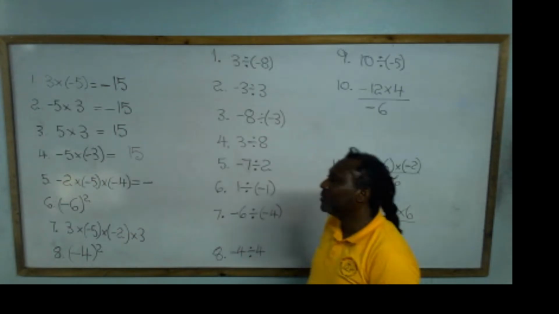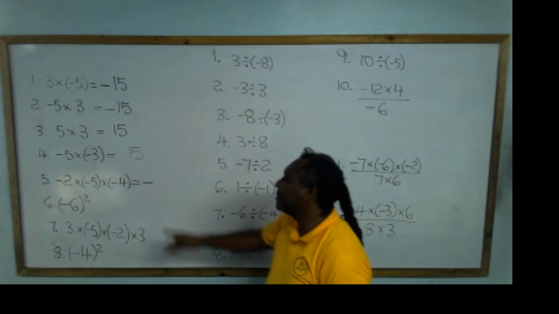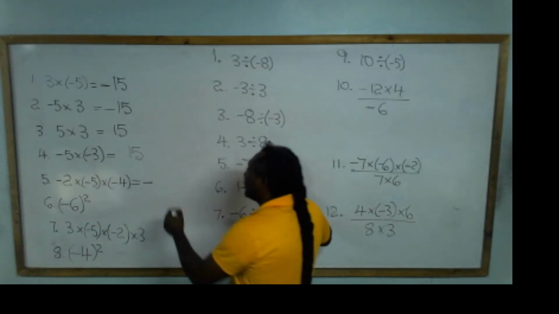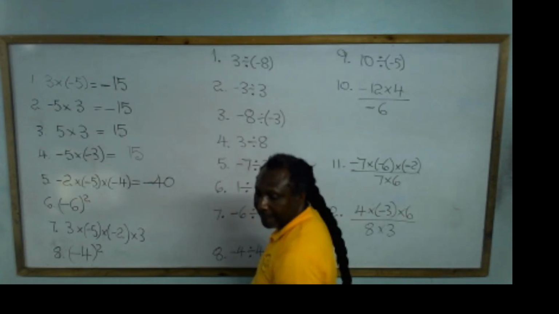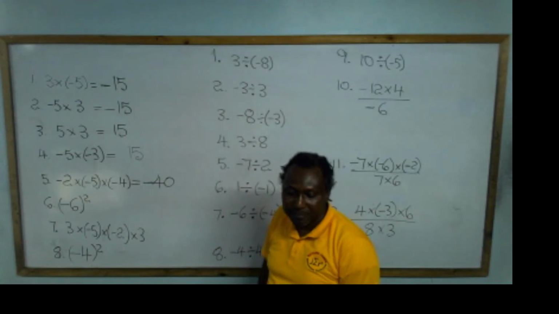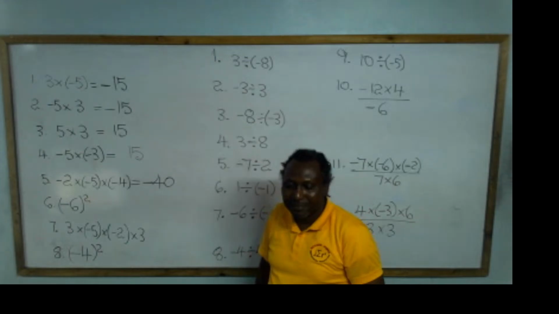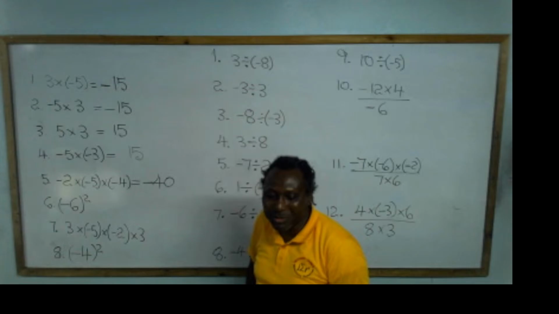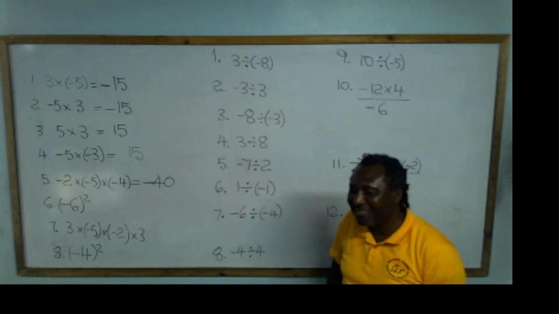And then we just say 2 5s 10 and 4 10s 40. So that will be a negative 40. I need to hear from the students who have accepted my invitation. All right, let's continue.